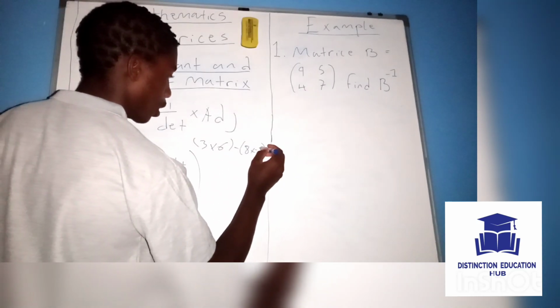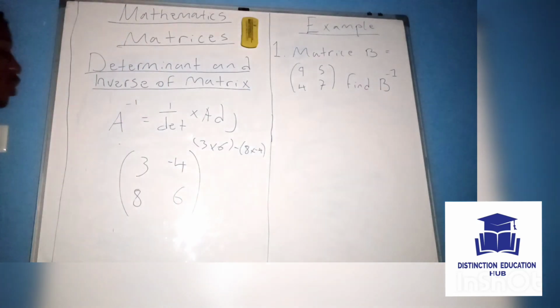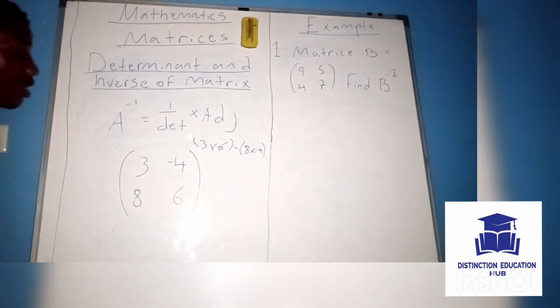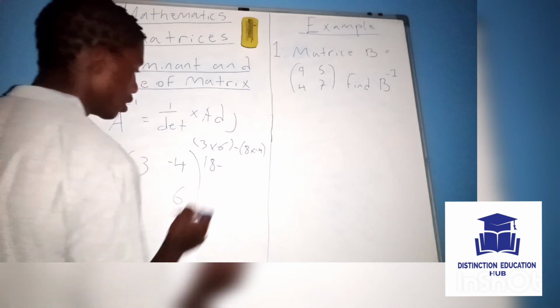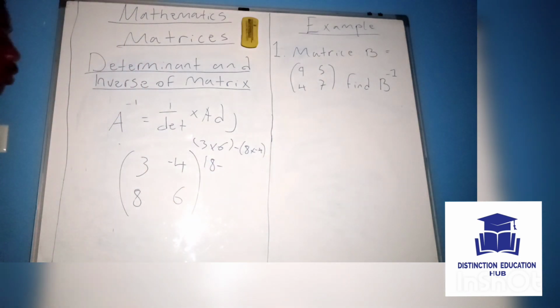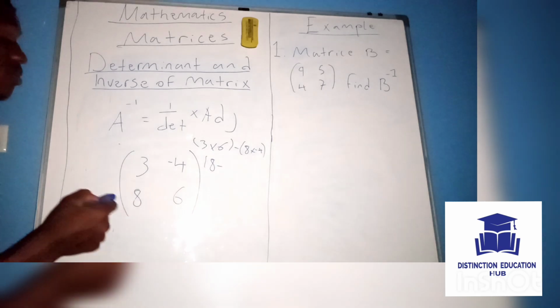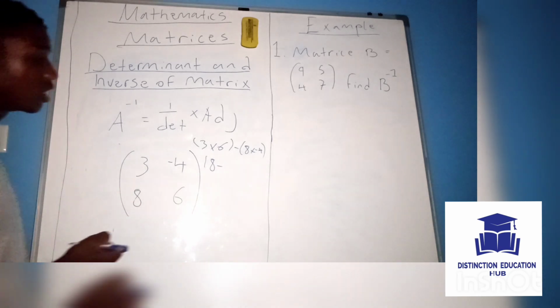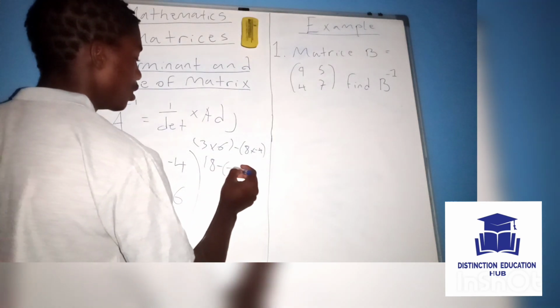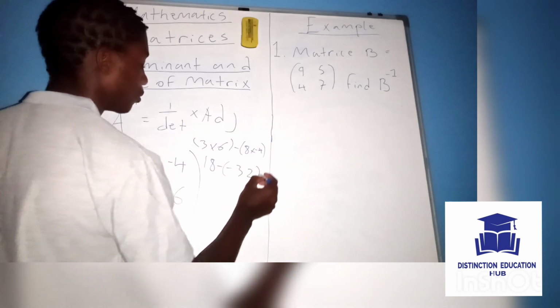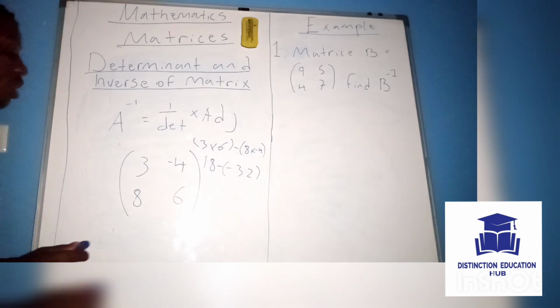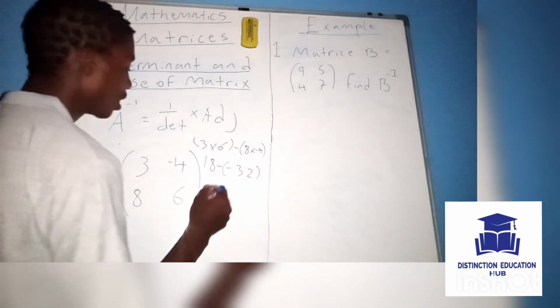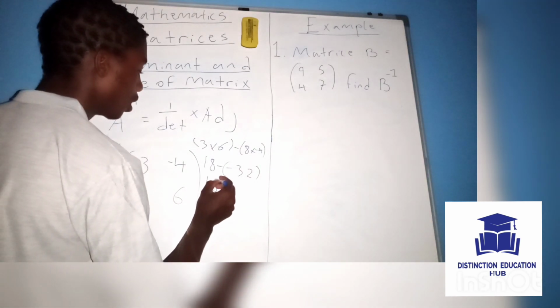When you multiply 3 by 6, what are you going to get? You get 18. Minus, when you multiply 8 by negative 4, you get negative 32. Remember that brackets mean multiplication, so negative by negative, you get positive.